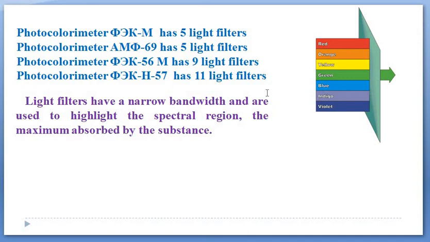So we can see that each of these photocolorimeters differs from the others in the number of light filters. Light filters have a narrow bandwidth and are used to highlight the special region of maximum absorption by the substance.